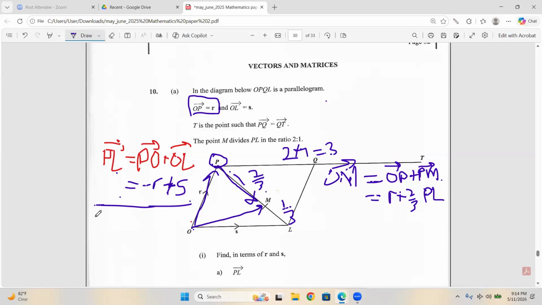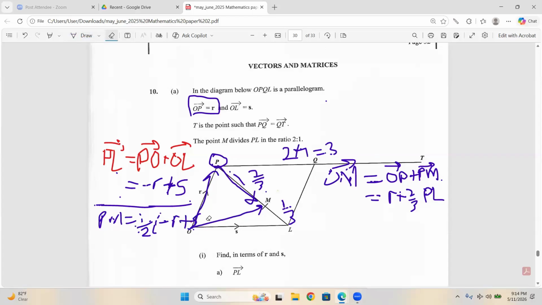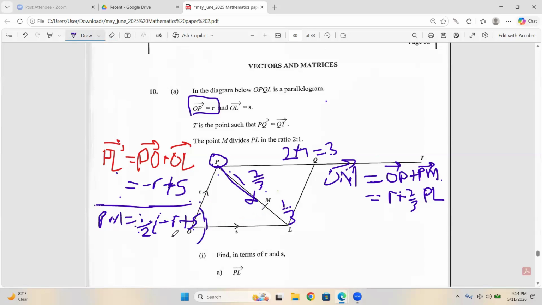So PM, vector PM is equal to a half of negative R plus S. I like how this is going over the diagram. Just take that off for now so it looks visible.